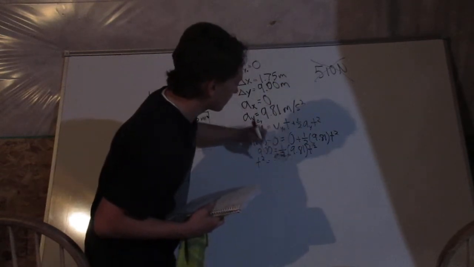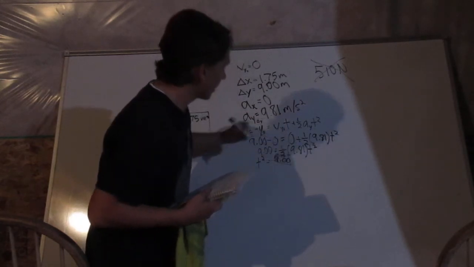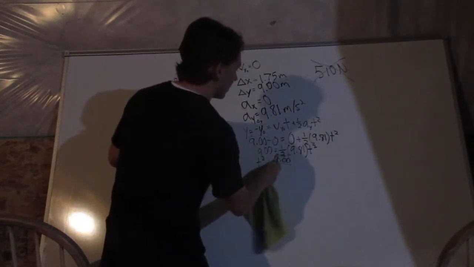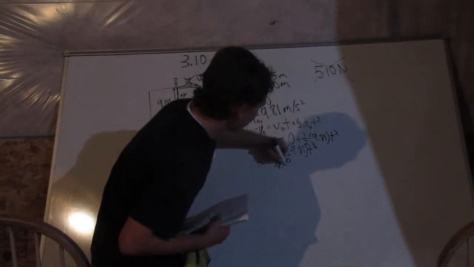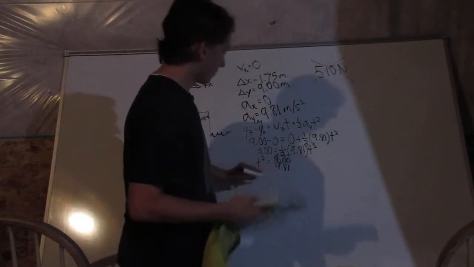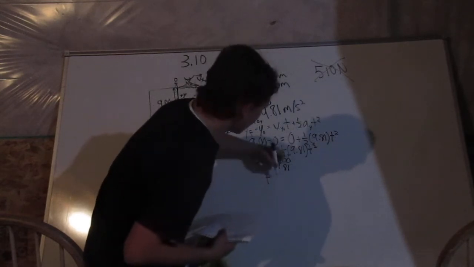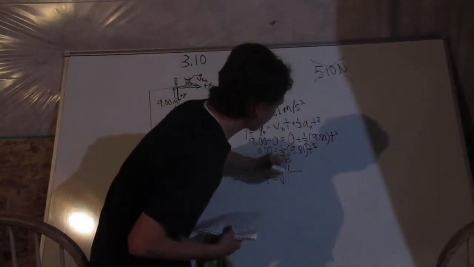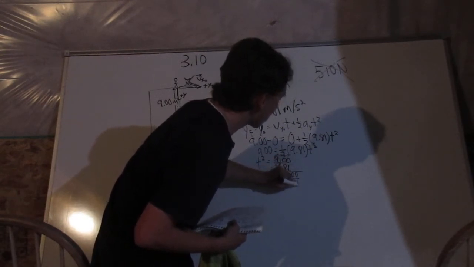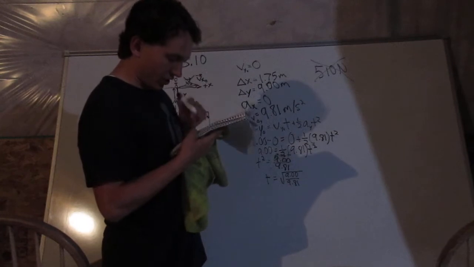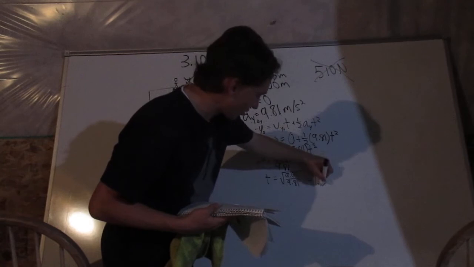So t squared equals 9.00 divided by 9.81 right there. Square root both sides. We get t equals the square root of 9.00 divided by 9.81. Plug that into your calculator, and it's going to give you 1.36.